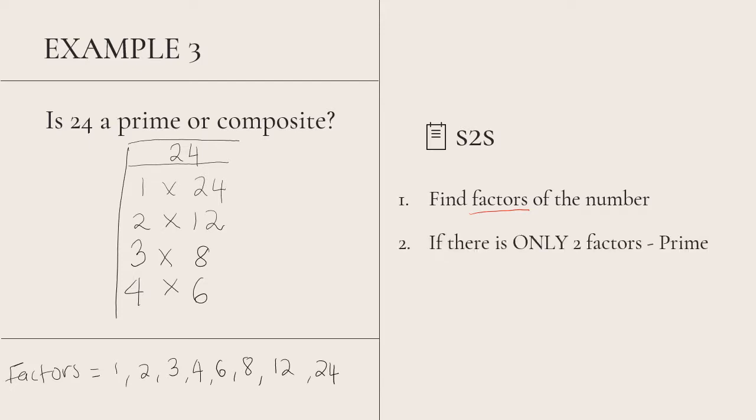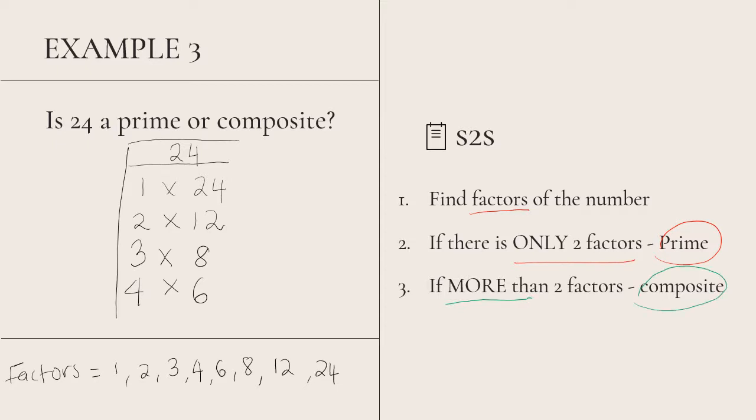Step 2, if there are only 2 factors, then it's a prime. And step 3, if there are more than 2 factors, then it's a composite. So how many factors are there for 24? 1, 2, 3, 4, 5, 6, 7, 8.